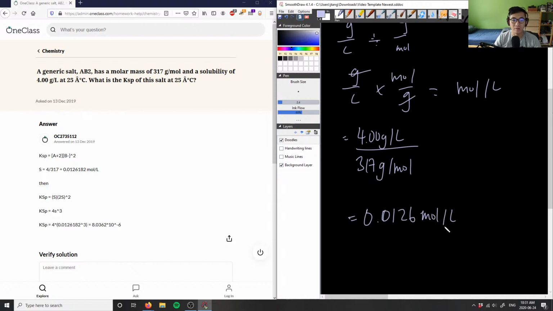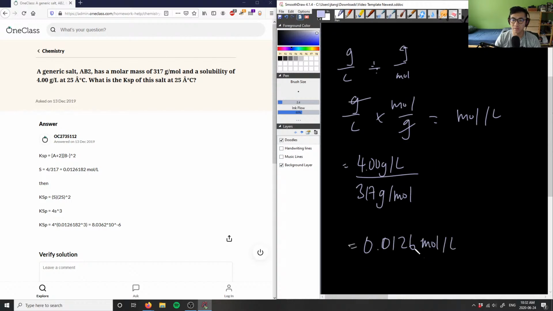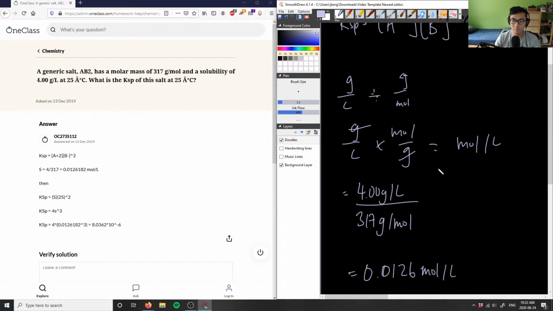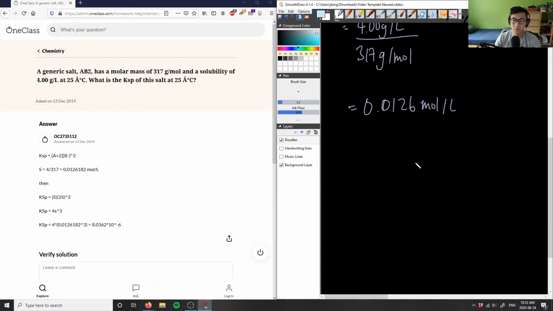And then what we can do now is sub this concentration into our Ksp formula. So let me just rewrite that for us here. And 0.0126 is going to be our x value here.